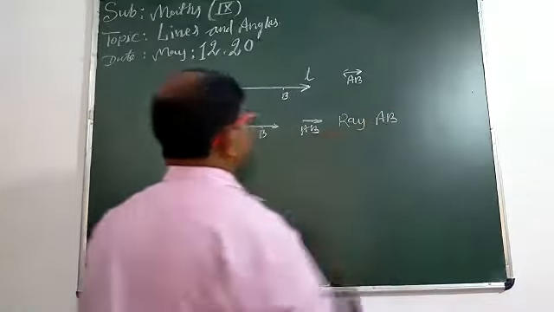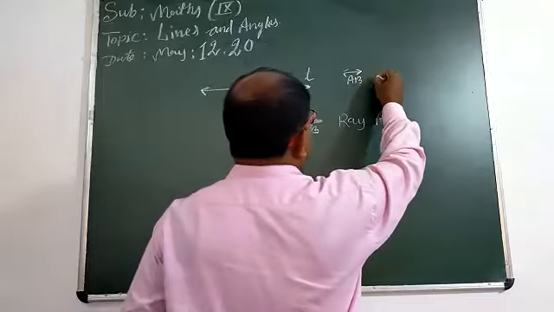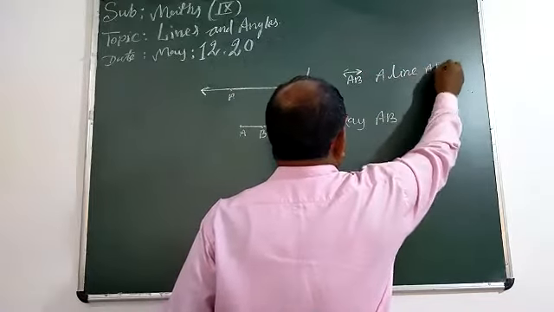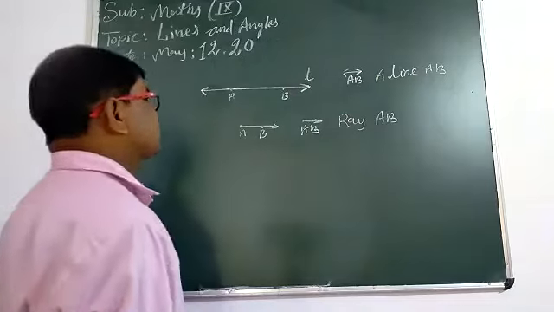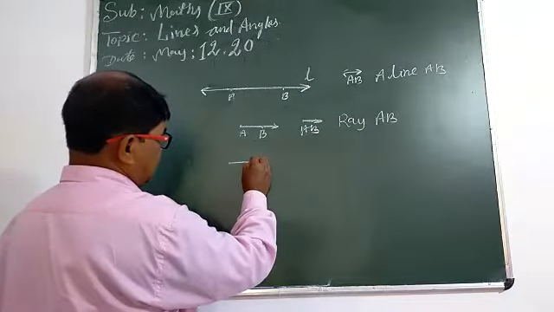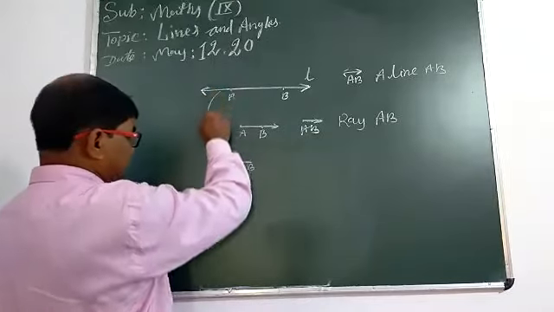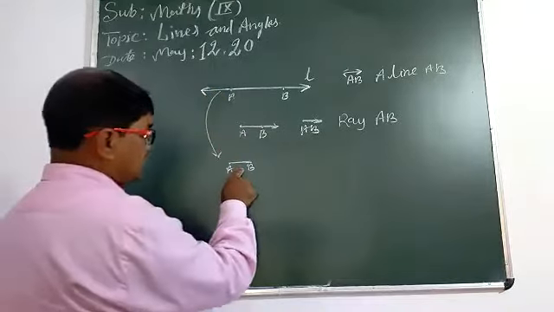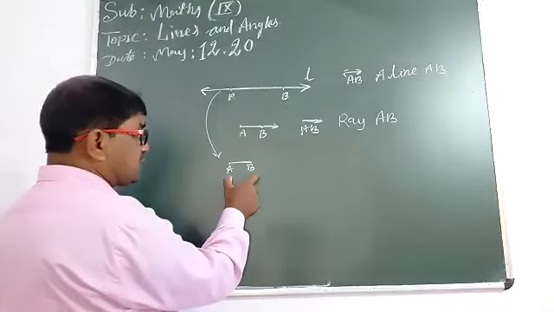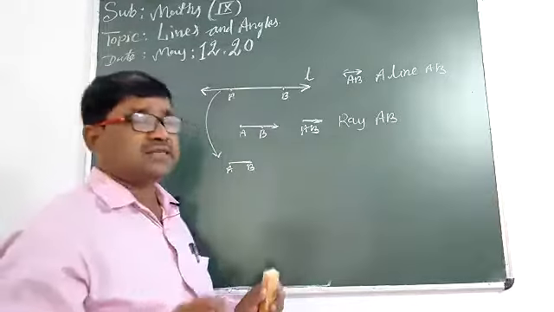That means the ray starts at A and goes through B. Now, students, this is also a part of a line, having two end points, because we can't produce it in any direction.